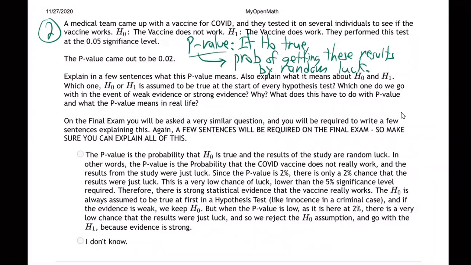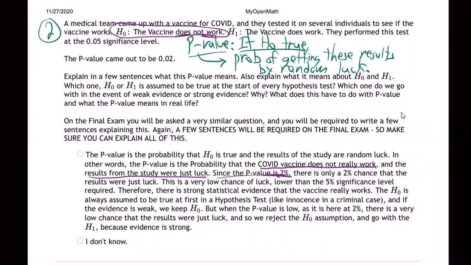It says if the null is true. Well, what's the null in this case? Right here it says the null is the vaccine does not work. So if that's true, the COVID vaccine does not really work, and the results from the study were just luck.